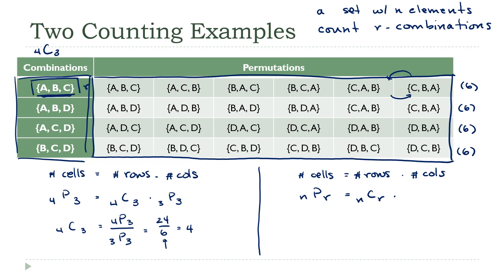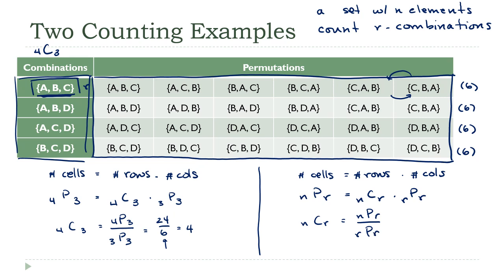And I'm going to take all of the possible arrangements of them, all the possible permutations of them, and put them in the columns. So that's going to be rPr, the number of permutations of r elements taken from a set of r elements. And now I can get my formula. Divide by rPr, and we get nCr is nPr divided by rPr.